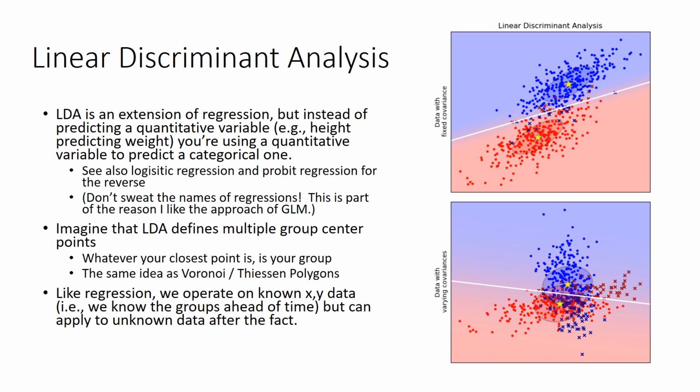This is exactly the same as a Voronoi or Thiessen polygon approach. Once we figure out the group mean, the line between them becomes the corresponding Voronoi polygon boundary.